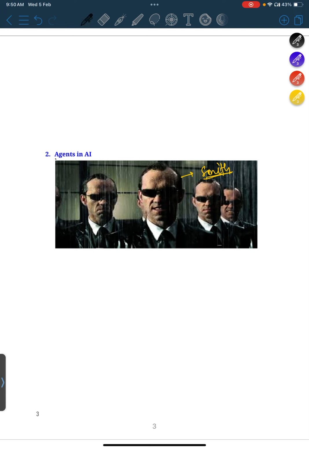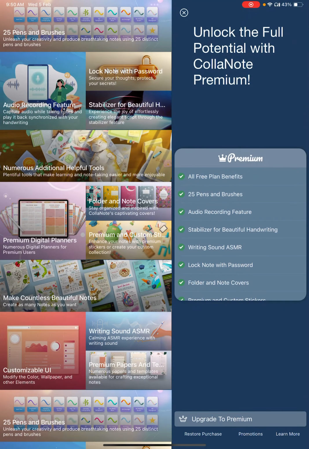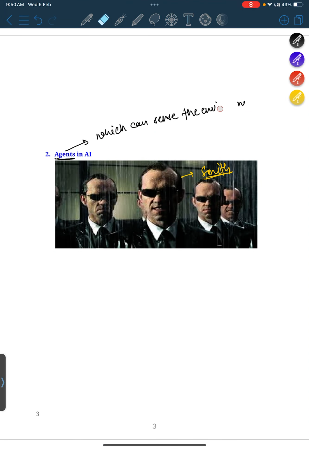AI agents are the entities which can sense the environment and act upon it.